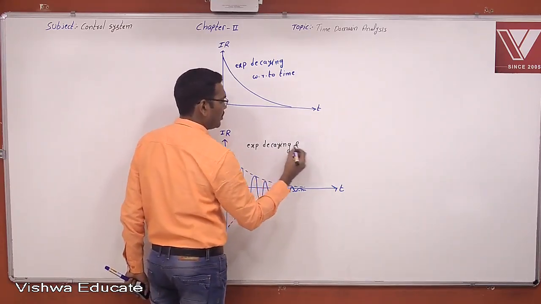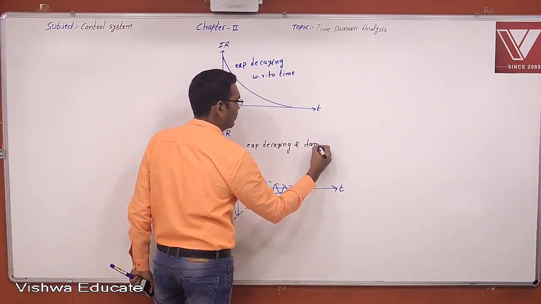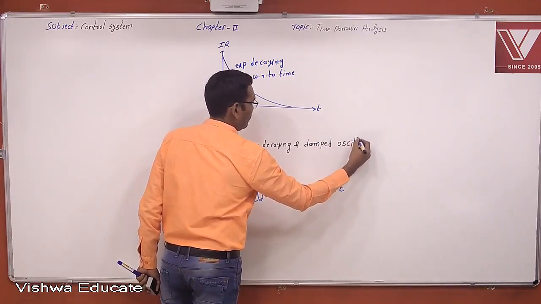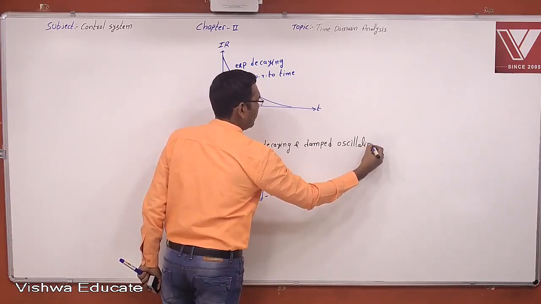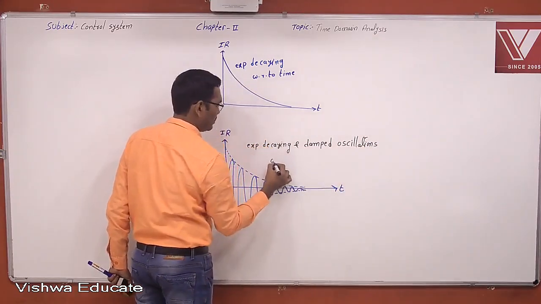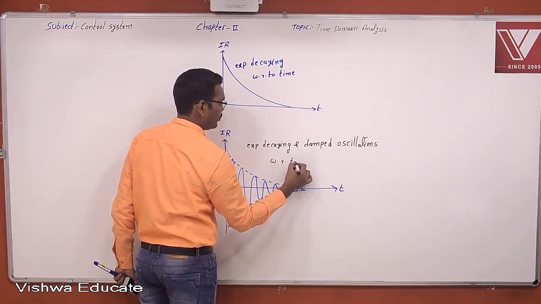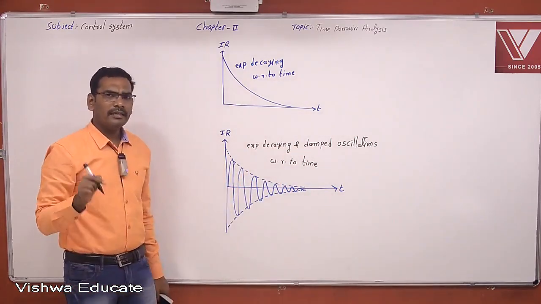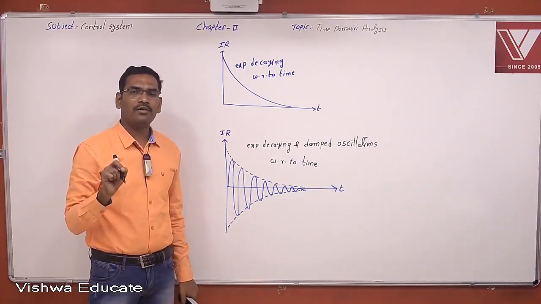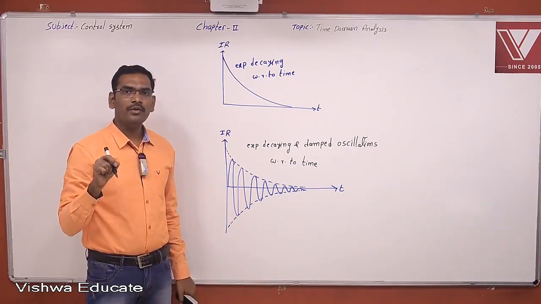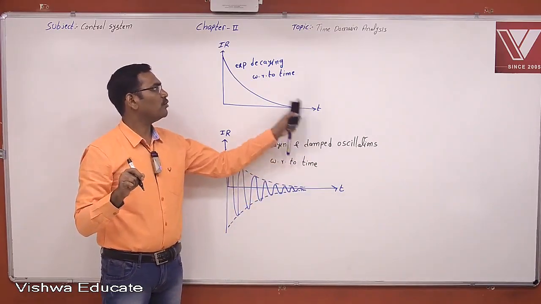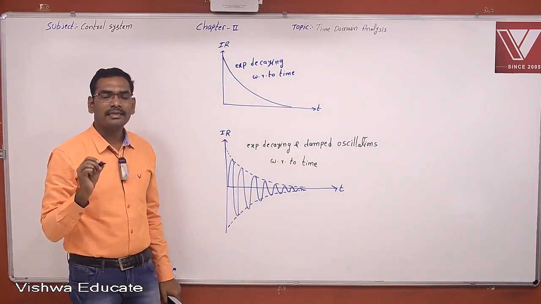Therefore, this is called exponentially decaying, damped oscillations with respect to time. Students, if you draw the response of the control system with respect to time, it is called the time response.